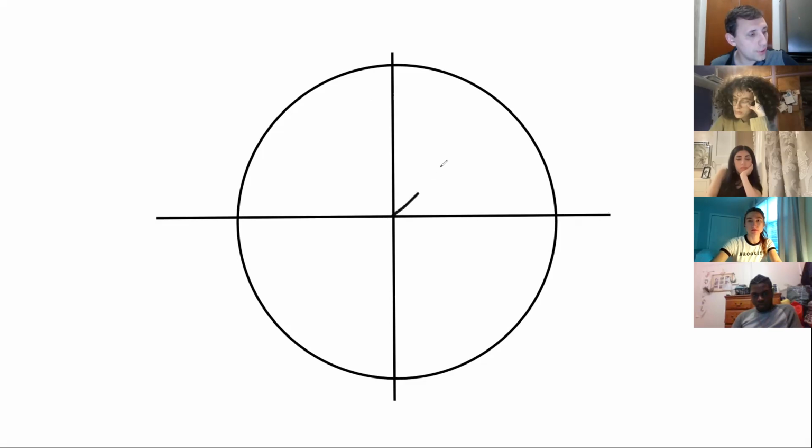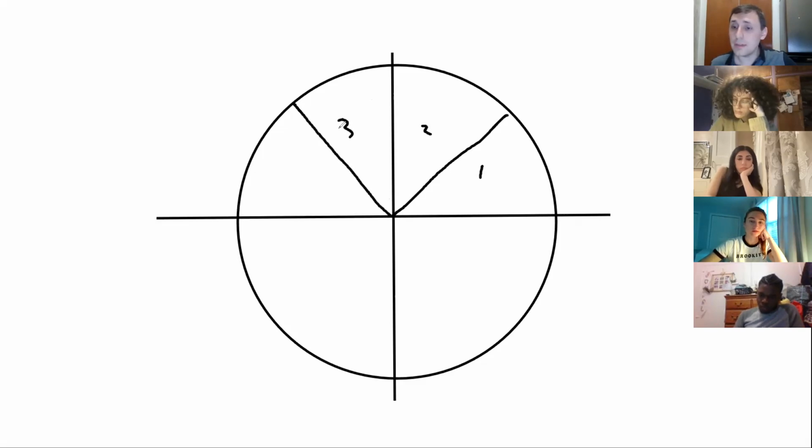It means that I go, here is 1 pi over 4, 2 pi over 4, 3 pi over 4. I'm in the second quadrant. I move a half, and another half of a half. So I move to 3. And here is my sine. And here is my cosine.